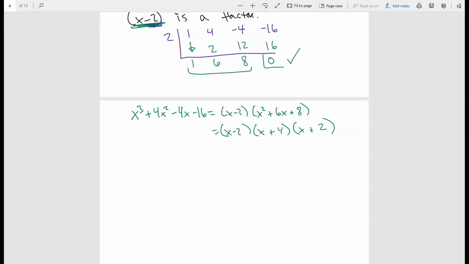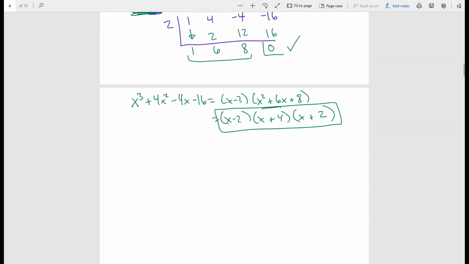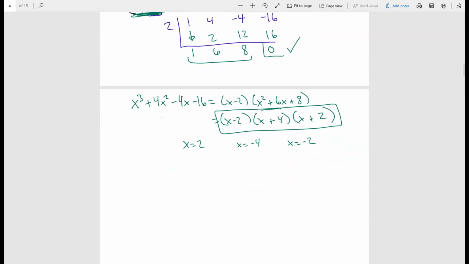It's going to be a plus and a plus. So these guys are my full factorization. Okay, these are all my factors. If I were to ask for the zeros or the roots, it'll be x equals 2, x equals -4, and x equals -2. So you can do that as well. Okay, and based on this, you can find the end behavior. You can try to figure out how this graph looks like, and all that other stuff.